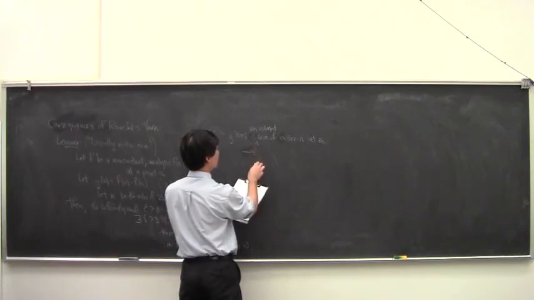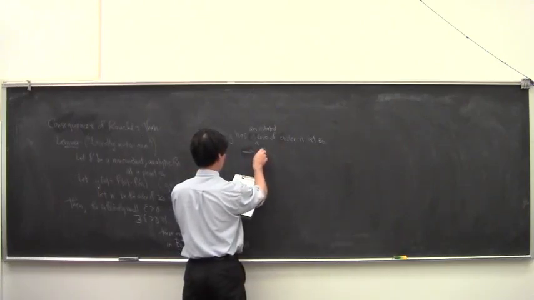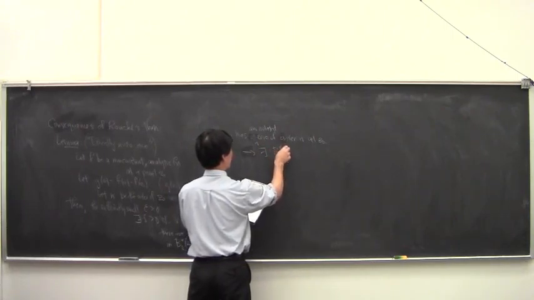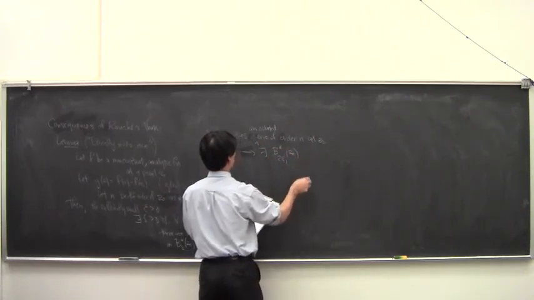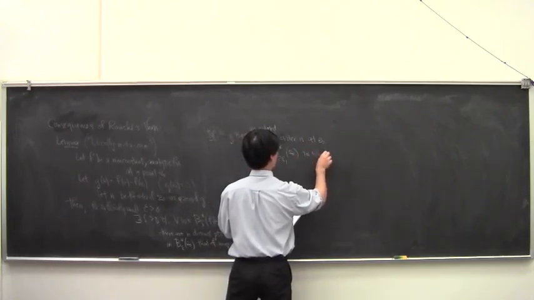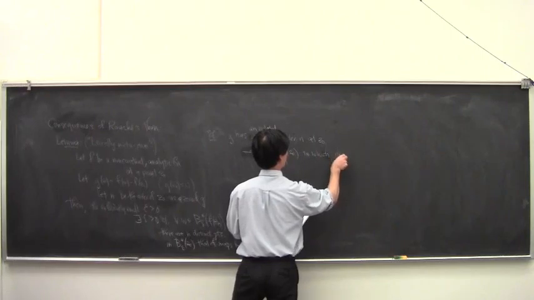So there exists a neighborhood B of 2 epsilon 1, punctured, of z naught in which G of z is not 0.